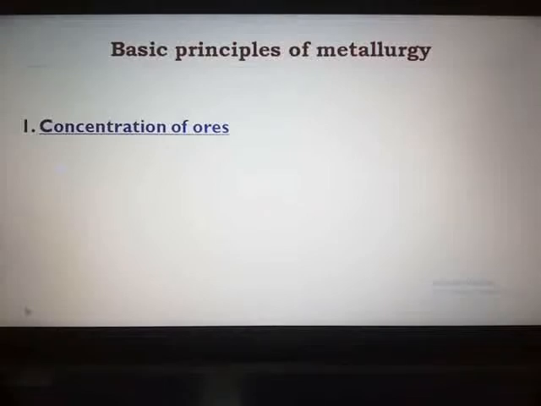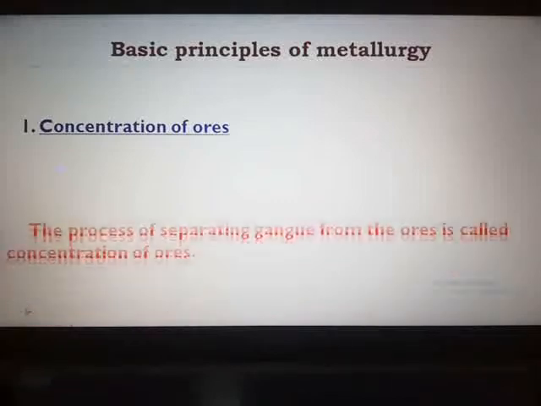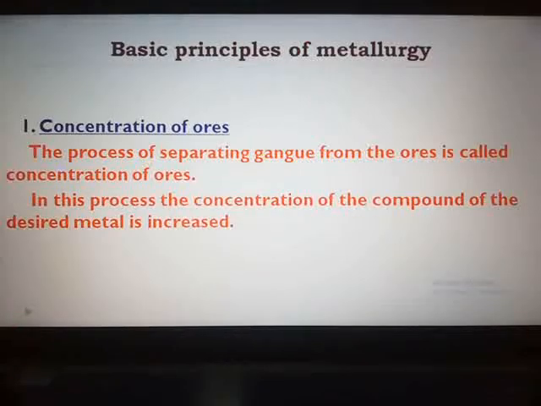In this process, the concentration of the compound of the desired metal is increased. There are different general methods for the concentration of the ores, and we studied the techniques last time.